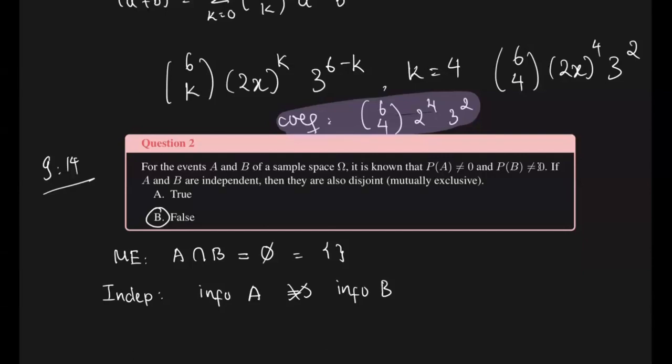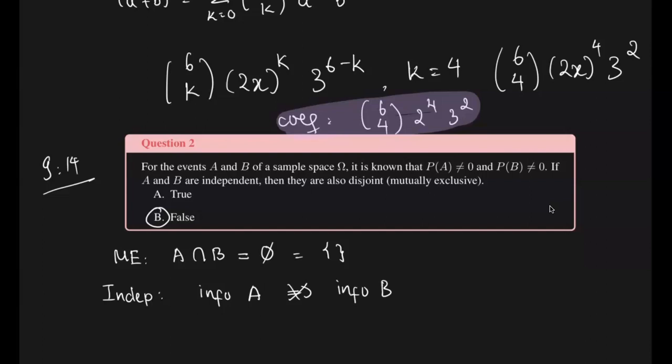So if two events are mutually exclusive, and we know that A happened, then it tells us that B cannot happen, right? So it decreases the chance that B can happen, which means they cannot be independent. If the complement gave information, it would basically be saying that if the event didn't happen, it would give information, which is the same thing as saying if it happened, give info. Yes, that's correct.